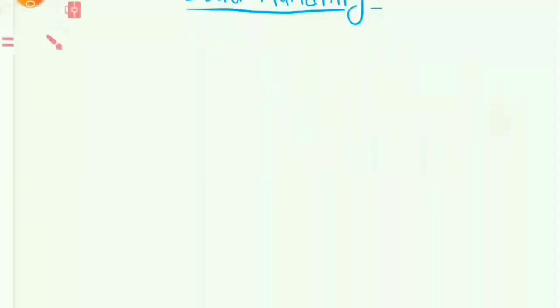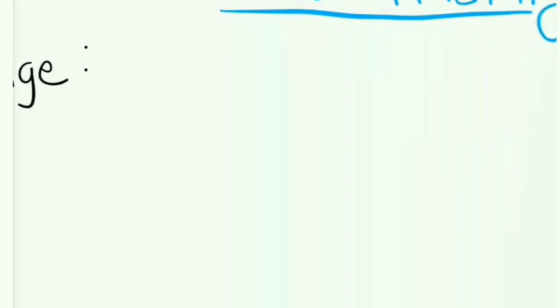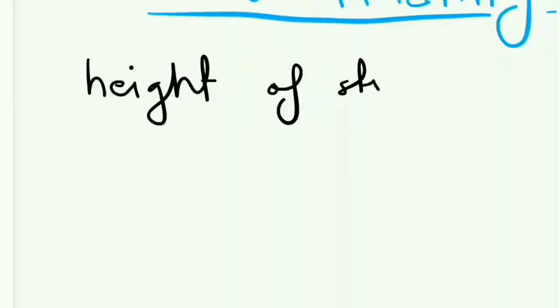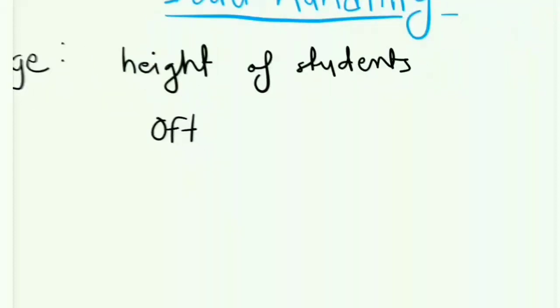Range of data. I think you can tell what the meaning of this quantity might be. Range means कहाँ से कहाँ तक value lie कर सकता है. If I am saying height of students in class 7, it can't be 0 feet, right? 0 feet का कोई student class 7th में नहीं रहेगा.